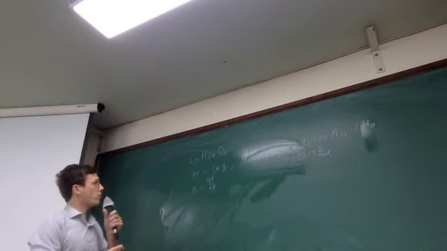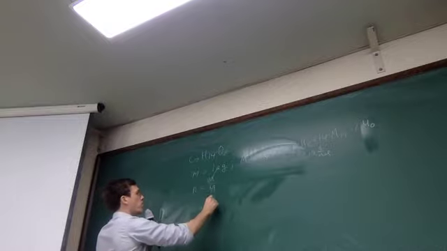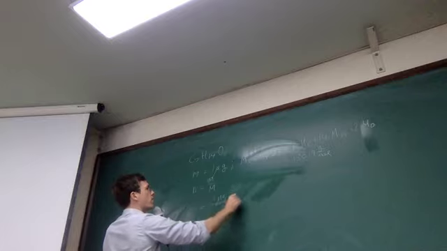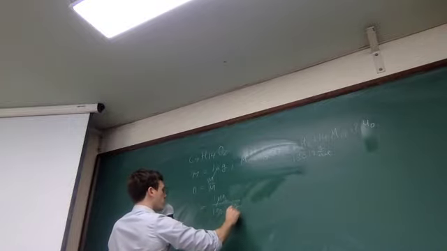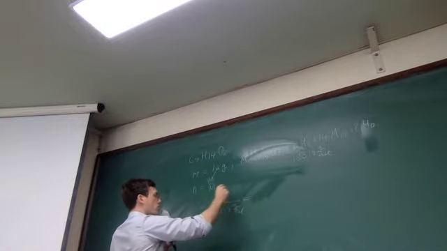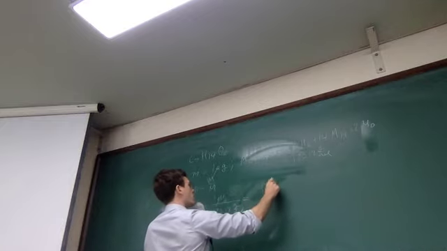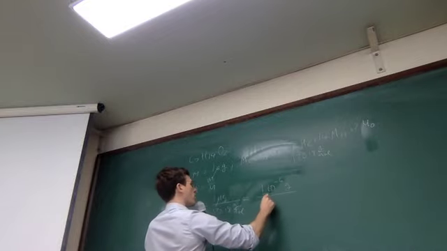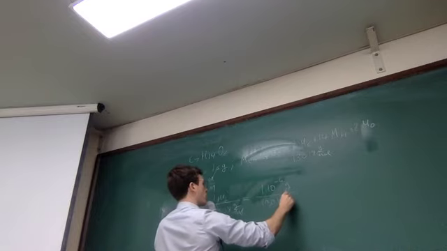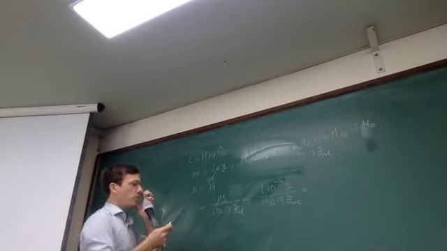Now that you have the molar mass, you can insert this here. 1 microgram divided by 130.18 gram per mole. Need to make sure that the units are the same so that they cancel out. 1 microgram is 10 to the power minus 6 gram divided by 130.18 gram per mole, and you get the number of mole.